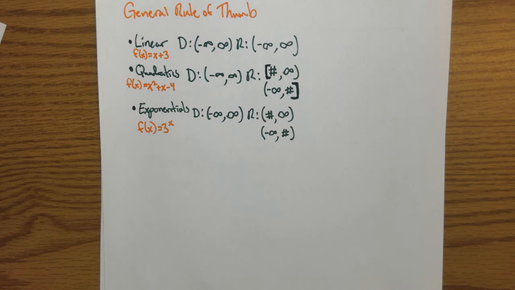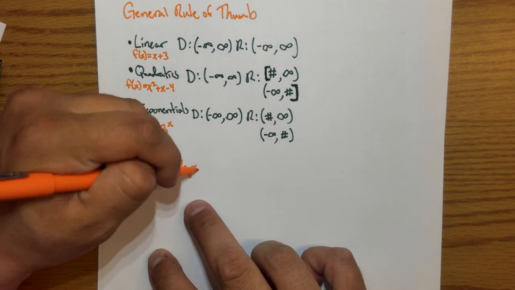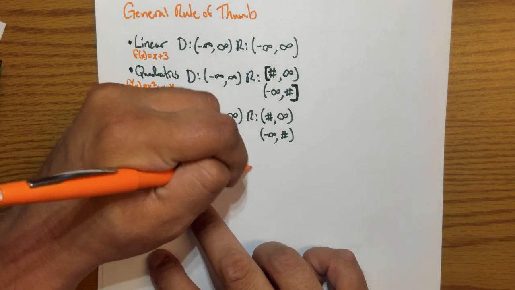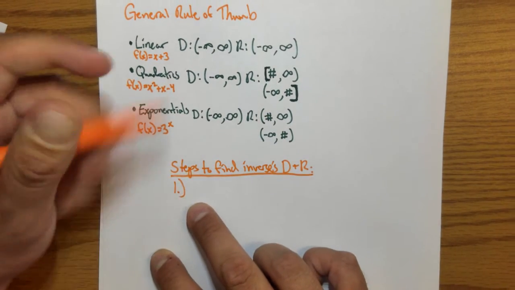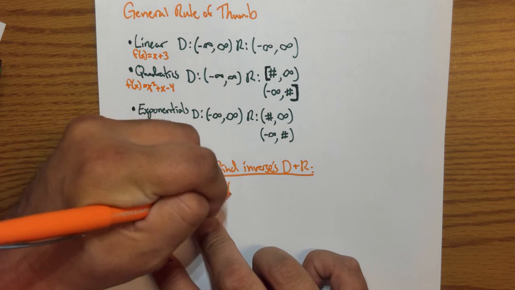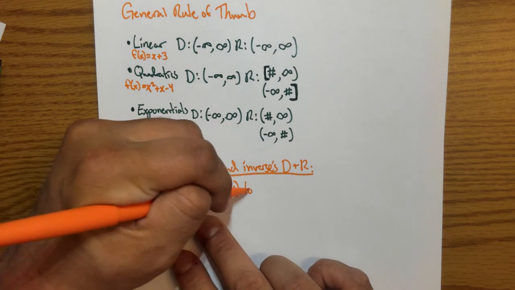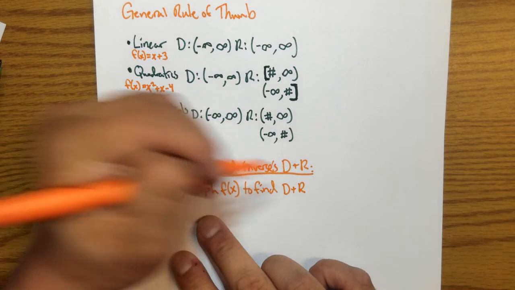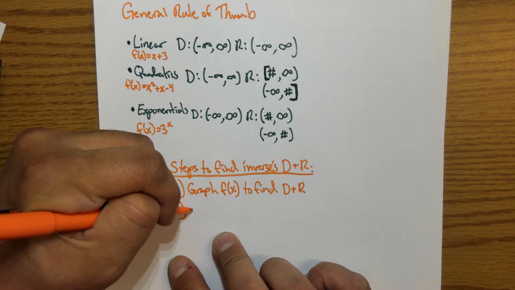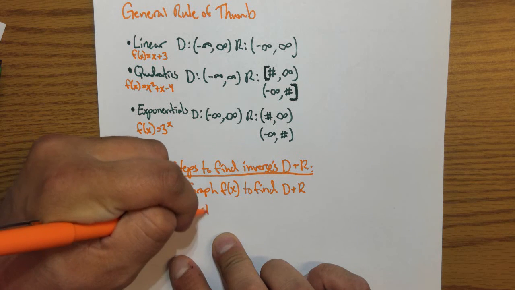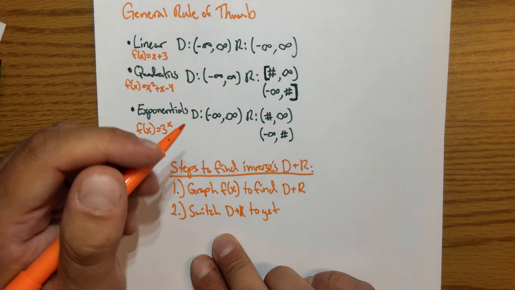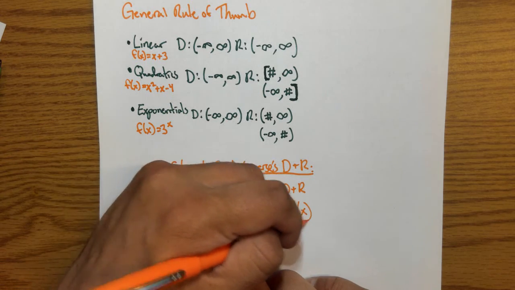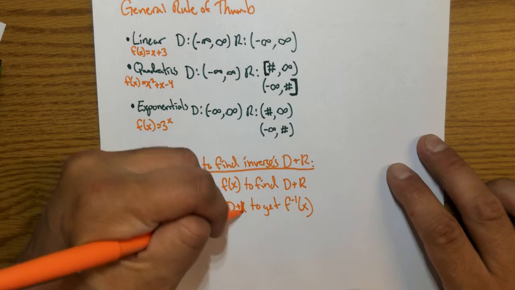On your paper, when you're asked to find the inverse's domain and range, and you're not given it, what you'd want to do, so steps to find the inverse's D and R: step 1, you'll want to graph the f of x to find D and R. And step 2, you'll want to switch D and R to get f inverse of x. So, nope, that's an R.